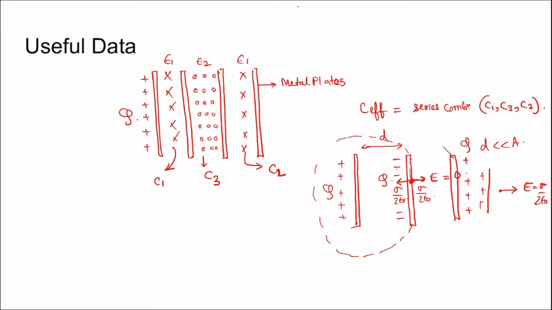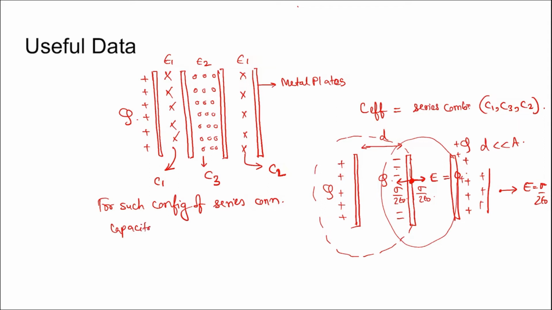Similarly, on the other plate, this will also have plus Q, because this is minus Q, so for this enclosure there should be plus Q. So for such a configuration of series connected capacitors, the magnitude of charge on all capacitors is the same, with alternating plus and minus signs.